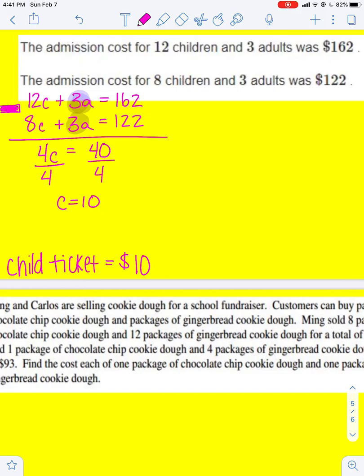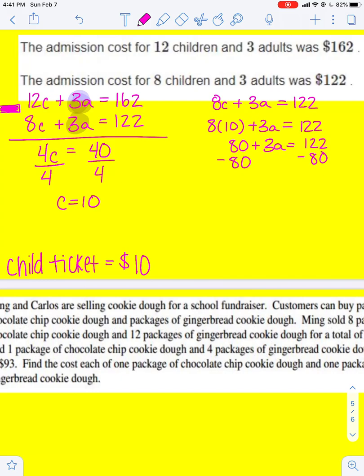So now I'm going to use one of my equations. I'm going to use this 8C plus 3A is equal to 122 to figure out how much an adult ticket is. So I'm going to say 8 times 10 plus 3A is equal to 122. 80 plus 3A is equal to 122. I'm going to subtract 80 from both sides.